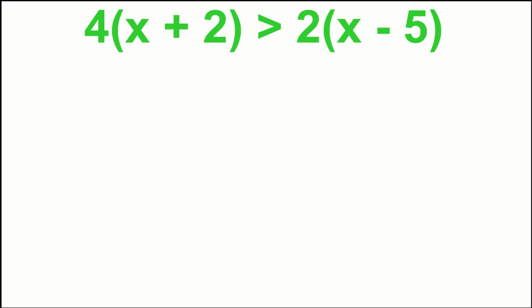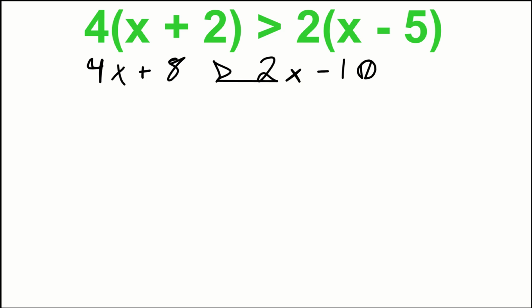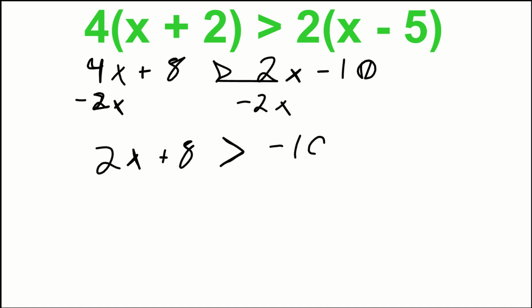All right, so we distribute. 4x plus 8 greater than 2x minus 10. After you distribute, no like terms, so move our lower coefficient. So I got 2x plus 8 greater than negative 10.